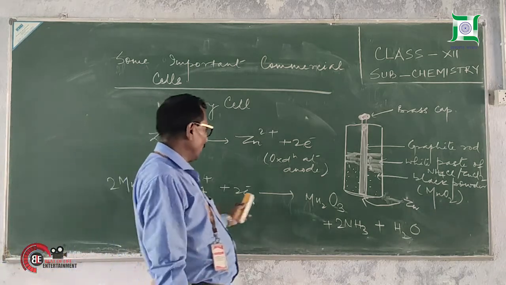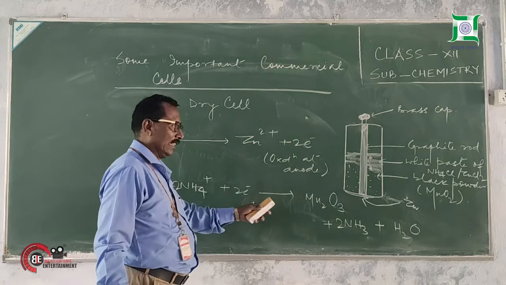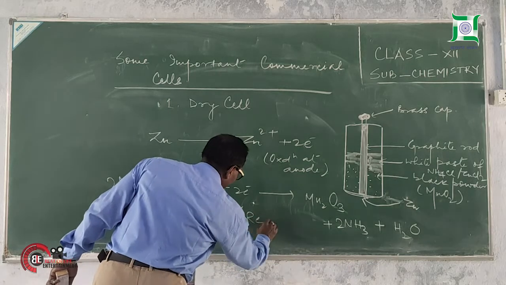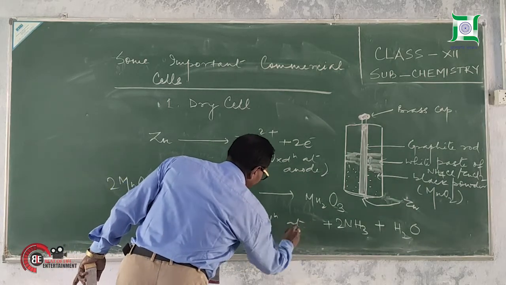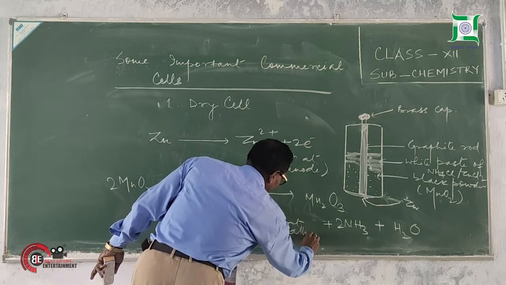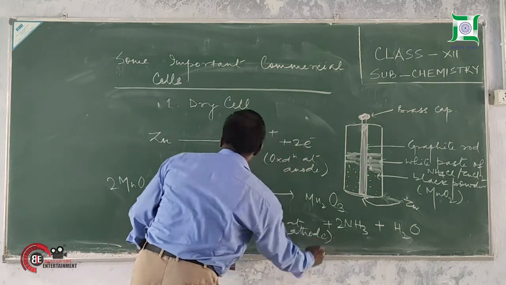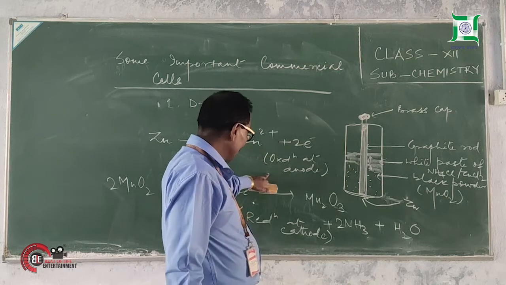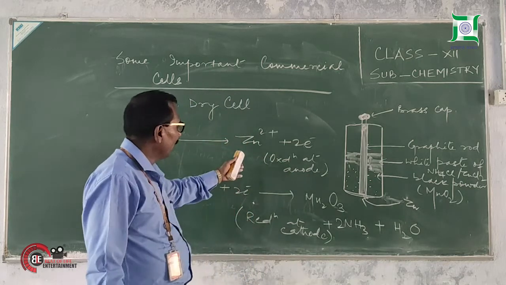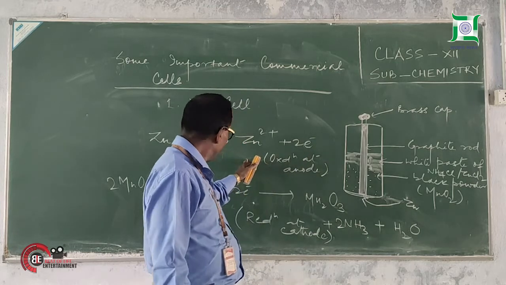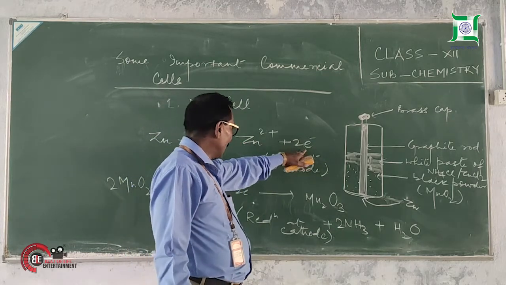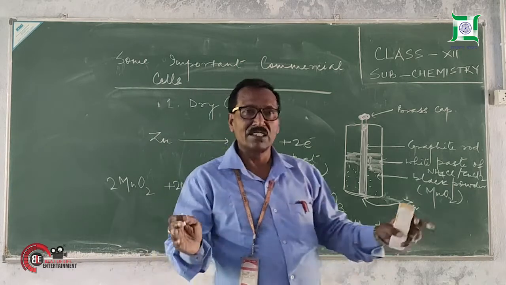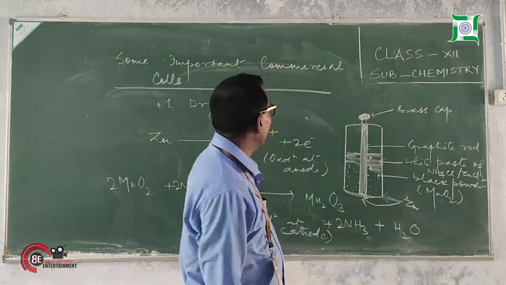In this way we get the balanced equation. This is gain of electron, and gain of electron is reduction, so reduction at cathode. Whenever you are asked to write anode reaction and cathode reaction, in this way you can write the anode reaction as Zn to Zn2+ by loss of 2 electrons, and the cathode reaction like this. And when these two reactions are added, we will get the cell reaction.